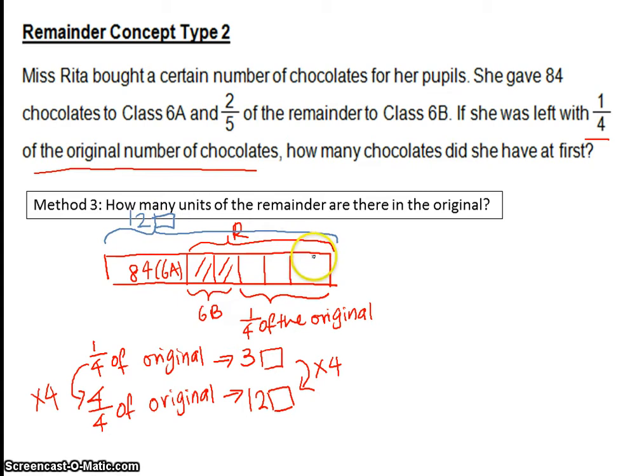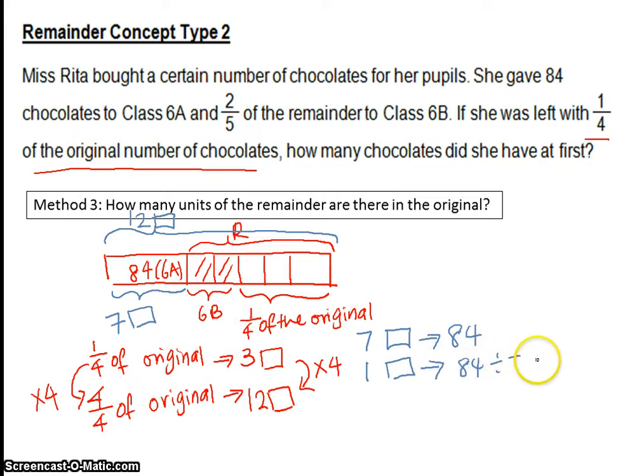Okay, so looking at the model, we know that 84 is represented by 7 of this. Okay, so 7 units is actually 84. Okay, so 1 unit of the remainder is actually 84 divided by 7, which gives us 12.